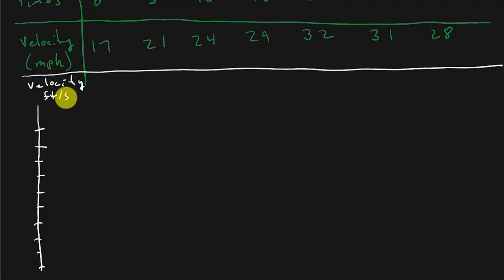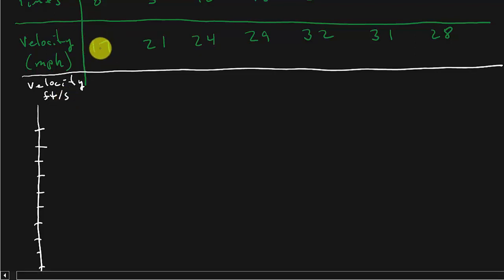Now, do we know how to do that? Well, let's just convert this first one. So we've got 17 miles per hour times what? Now, instead of miles, we need feet. So I need to cancel the miles out.